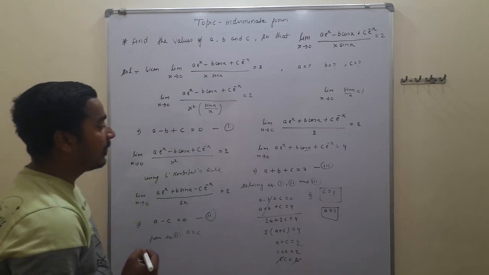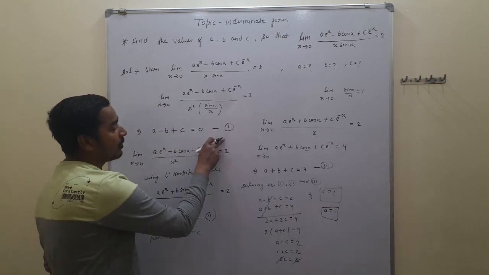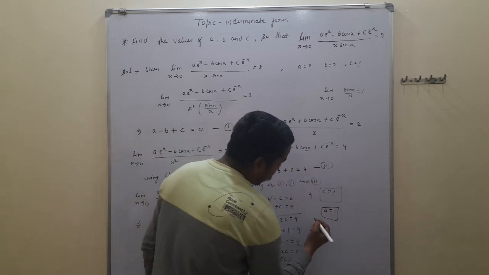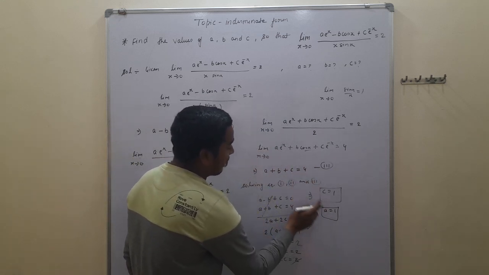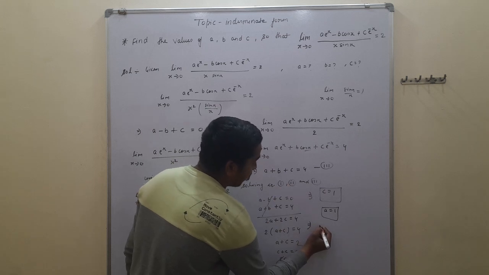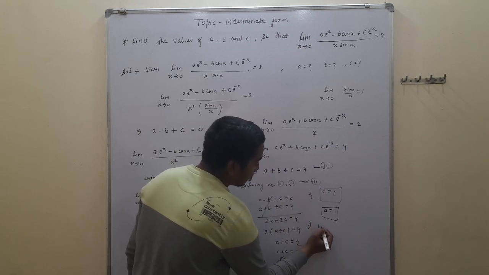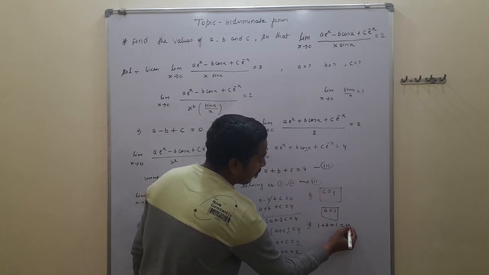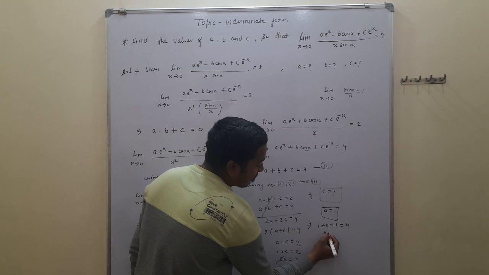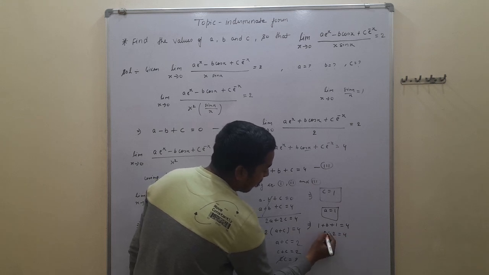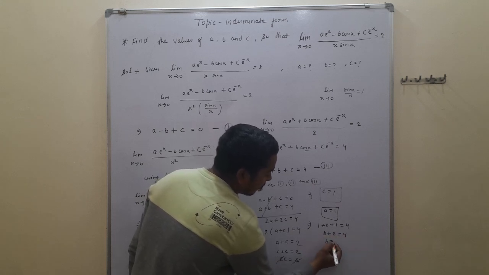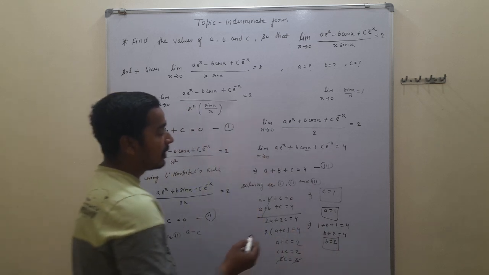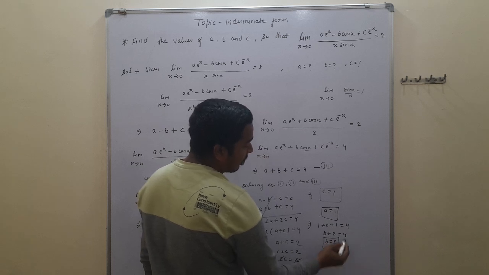Putting the values of a and c in equation third, the value of a is 1 plus b, and the value of c is 1, is equal to 4, so b plus 2 is equal to 4, and taking 2 to the right hand side, b is equal to 2. The value of a is 1, the value of b is 2, and the value of c is 1.